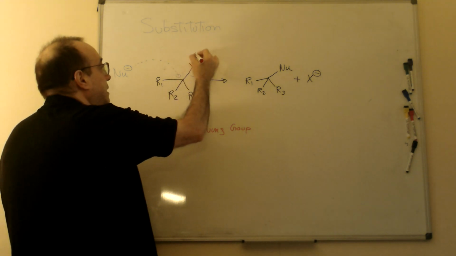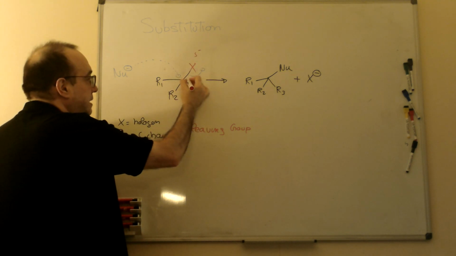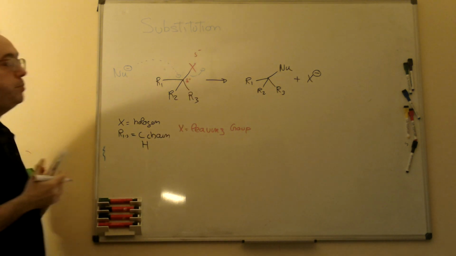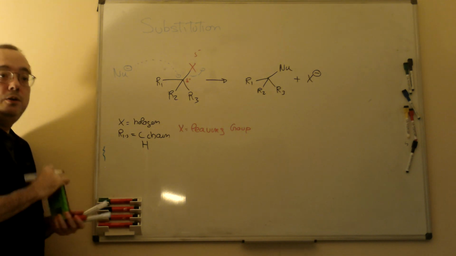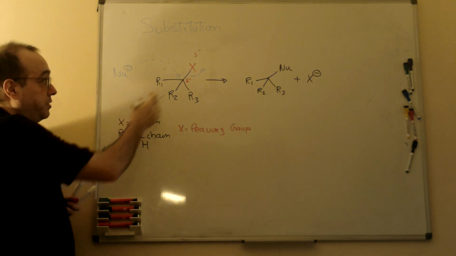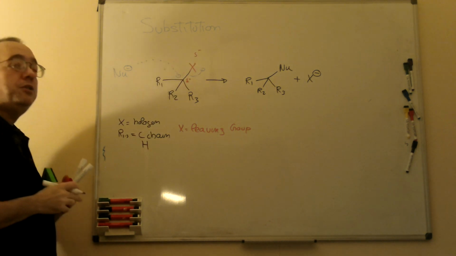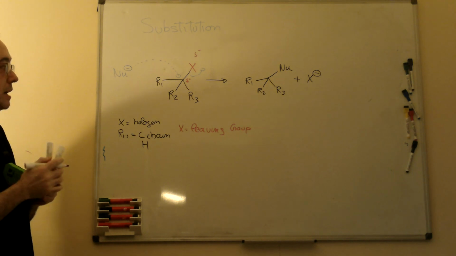That means that we have a partial negative charge here, and the carbon has a partial positive charge. Typical example, halogens are more electronegative than carbon, and for this reason the halogen will have a partial negative charge while the carbon will have a partial positive charge.